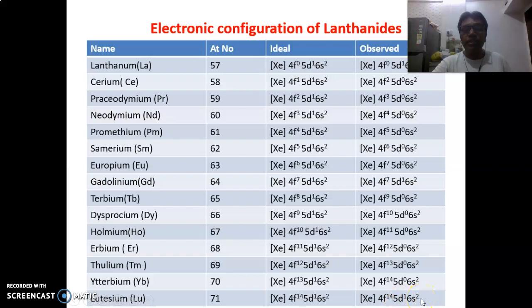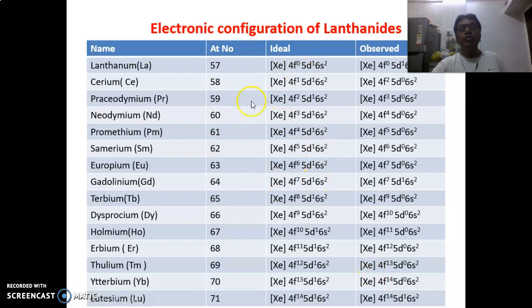So we cannot change this. Both ideal and observed electronic configurations are the same, and we cannot shift this 5d electron because it would make 4f15, and 4f15 is not the electronic configuration of any element. Only 14 electrons can enter the 4f orbital. We cannot enter the next, the 15th electron, into the 4f orbital.